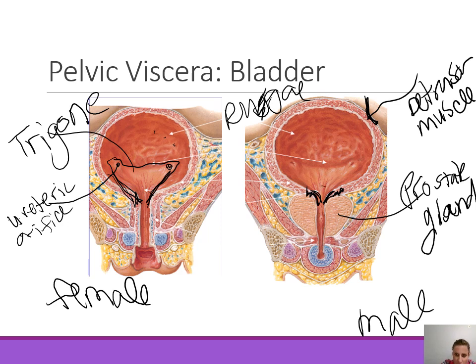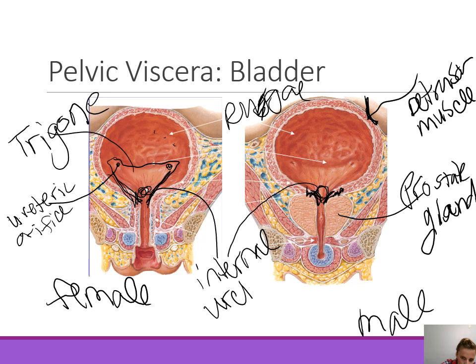This opening right here into the urethra is the internal urethral orifice, where the urethra opens out, like so. In the female, it's really short. Right here is the external urethral orifice.